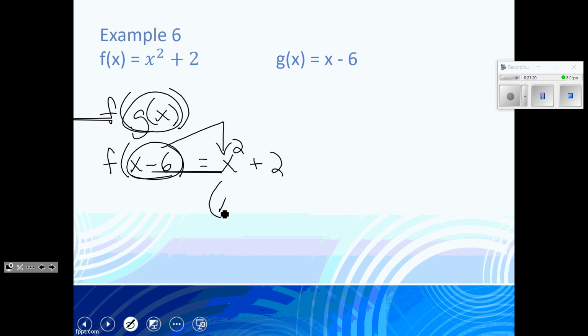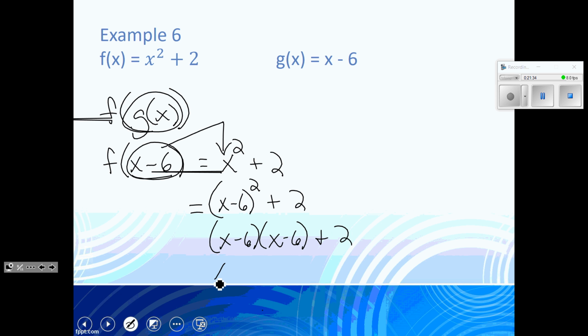So this is going to become x minus 6 squared plus 2. You can't distribute it because it's a binomial. You'll have to write it twice. So this is going to become x squared, the outer and the inner makes negative 12x, plus 36 plus 2. And then when you combine like terms, you'll get plus 38.